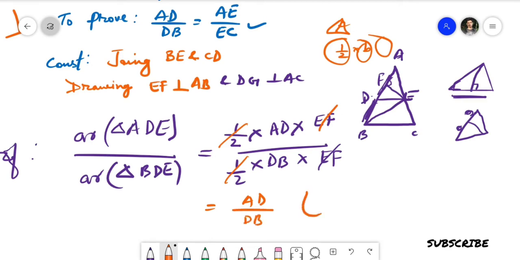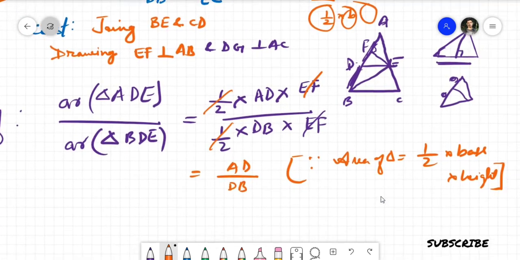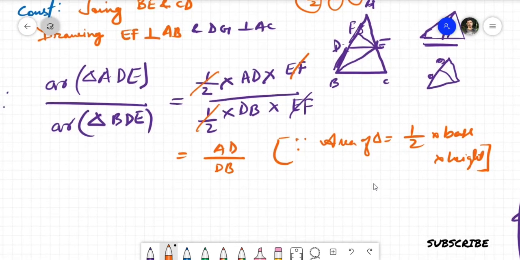You can give reason, since area of triangle is equal to half into base into height. So this is your formula, which maybe you may be learning from the lower classes, but if you know, then good. If you don't know, then you must learn it as soon as possible.